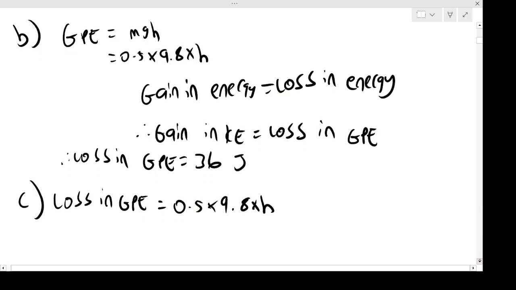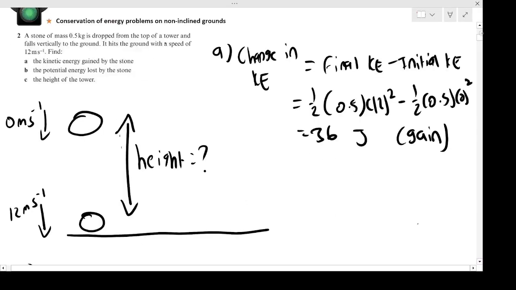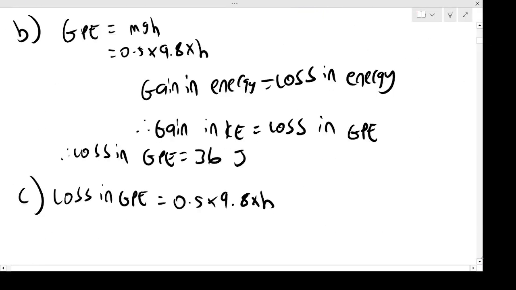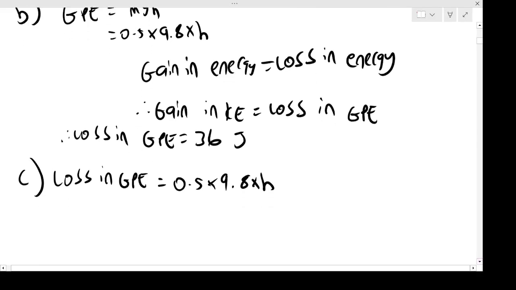That's the height travelled, right? So that's how much gravitational energy there is. If you work out 0.5 times 9.8, that will go to 4.9 lots of h. But we know from part B that the loss in gravitational energy is 36.